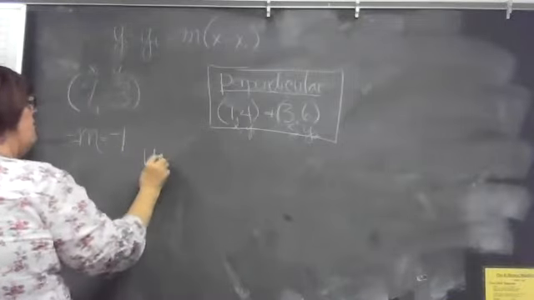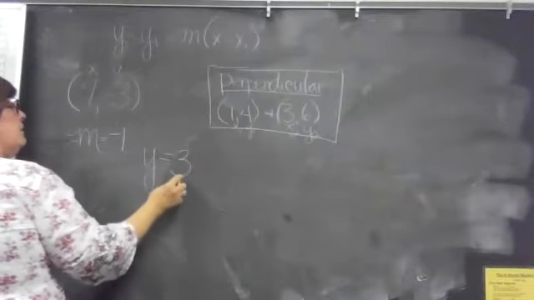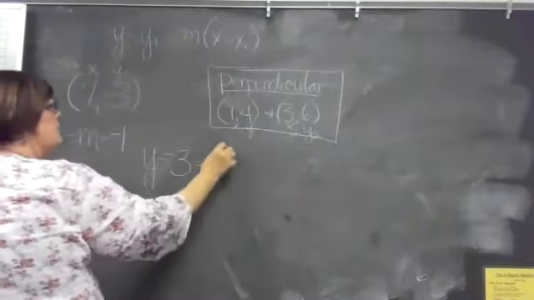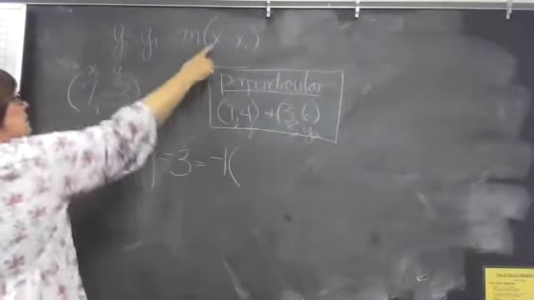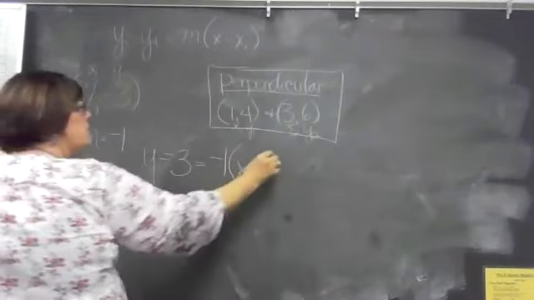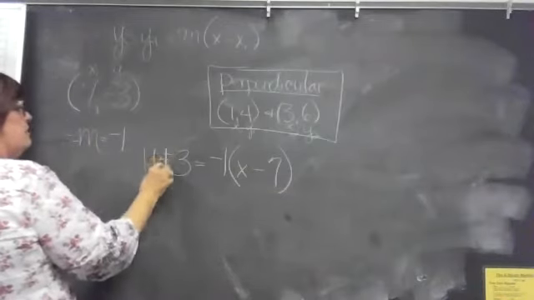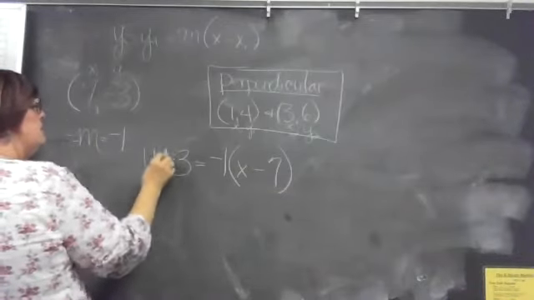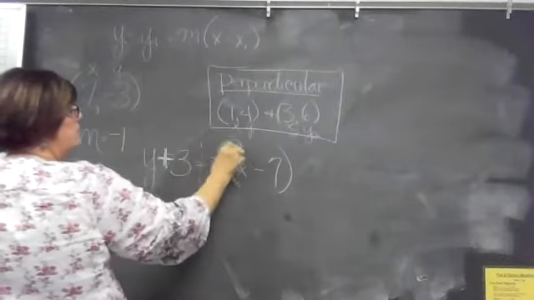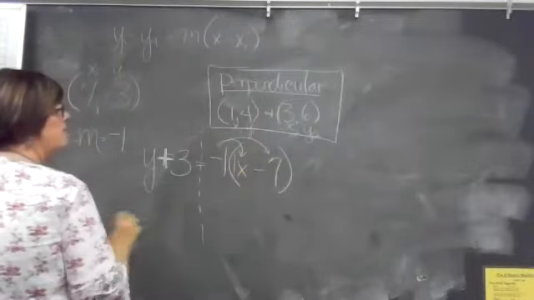So y minus y1, which is -3, equals our slope, -1, times x minus x1, 7. We know this is a plus, two negatives make a plus. We have to use the distributive property to expand this out.